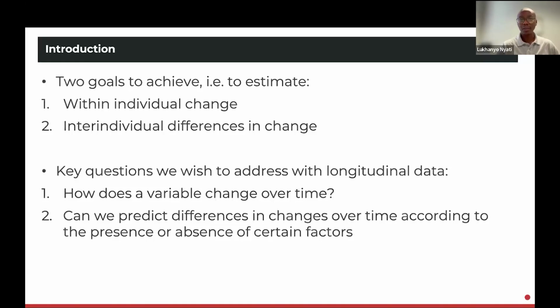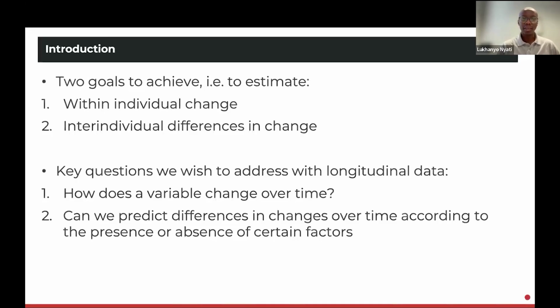If, for example, you're trying to see whether the trajectories that are observed in the individuals or in the groups can be influenced by some explanatory factors, how do you then address that?